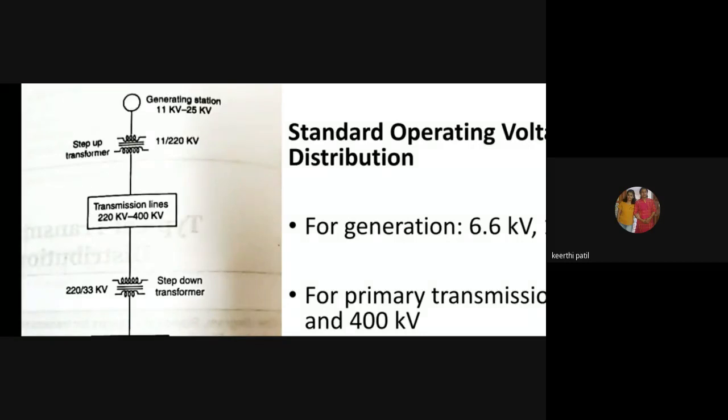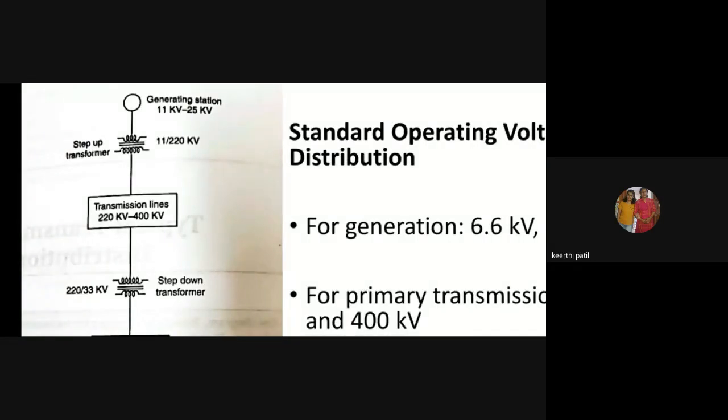So the first circle, as you can see, is the generating station. Then there is the step up transformer. This is where the transmission begins, when you apply the transformer.